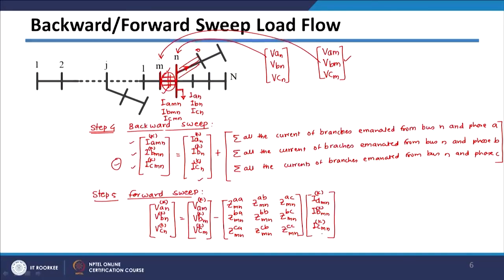So, this will give me voltages of nth bus after completion of forward sweep, and this will be for all n starting from 2, 3 and up to n, and this loop will be done for all branches. This will be done for all the branches, and this will be done for all the nodes.